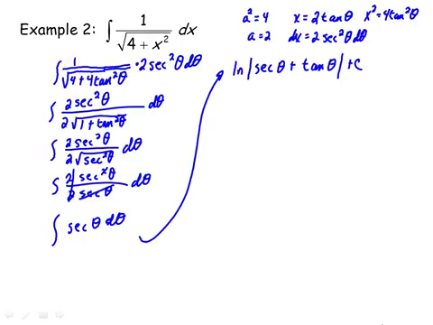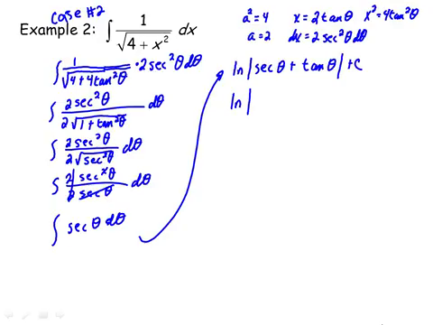All right. So again, we don't want it in terms of theta, so we have the natural log of secant theta. What case was this? This was case number 2. All right, so case number 2, we need a secant theta.